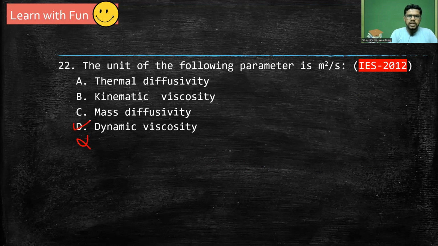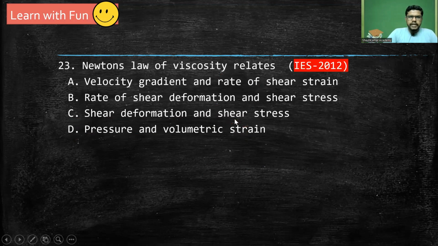So option D is the correct answer, because its unit is Newton second per meter square. Next, Newton's law of viscosity relates the shear stress to the rate of shear strain, or rate of deformation, or rate of angular deformation, and it is also called the velocity gradient. So option B is the correct answer.